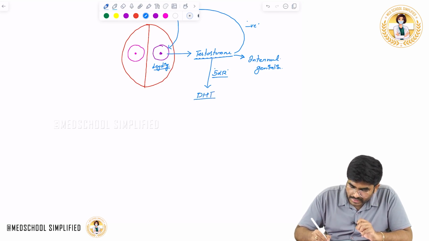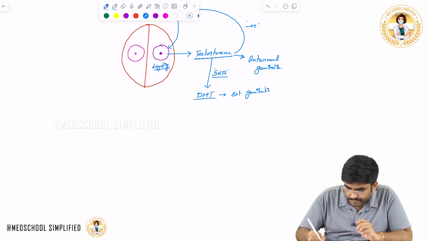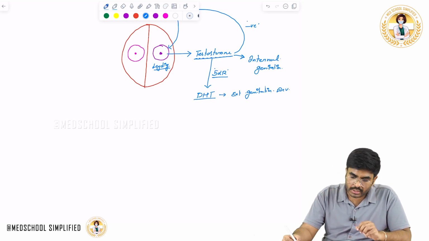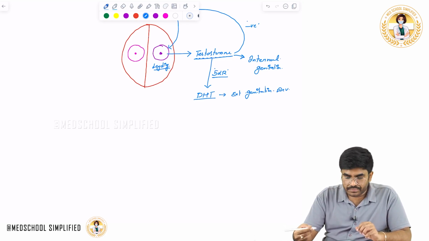This dihydrotestosterone is responsible for external genitalia development, that is the penis and scrotum. For the external genitalia, you require dihydrotestosterone, and for internal genitalia, you require testosterone.